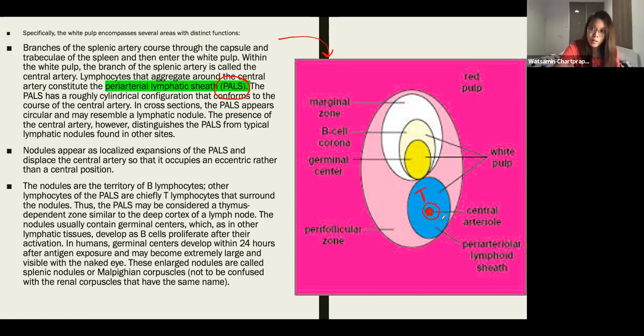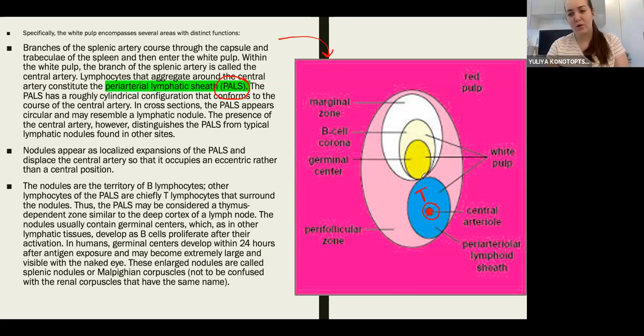Amazing. T lymphocyte dominant area in the white pulp of the spleen? PALS. So it's very important for self-control tests and for the oral, when you study the lymphatic tissue, try to compare the organs and see where the lymphocytes are sitting, because it is such an easy question to ask. The T lymphocytes are sitting here in this organ, but they're sitting in another place in another organ. So make sure that you know this.